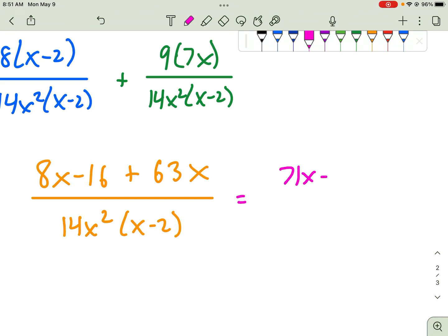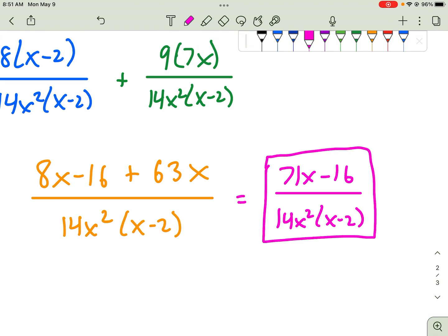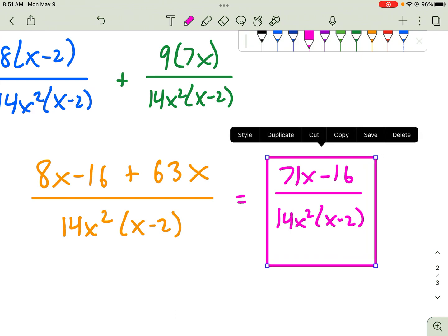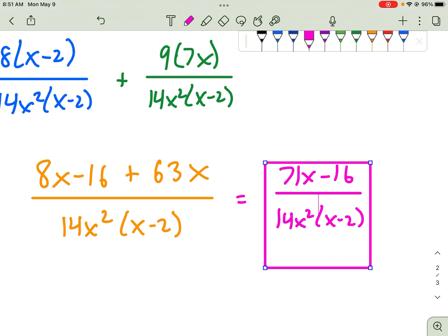So you get 71x minus 16 over 14x squared times x minus 2. All right, so that one's fairly complex, but no given step of it, mathematically speaking, is overly difficult, I don't think.